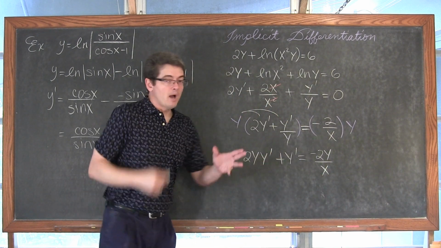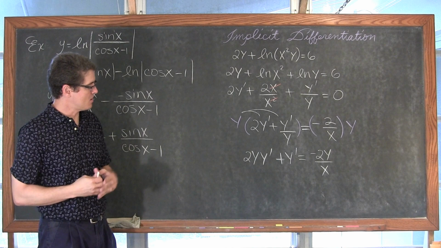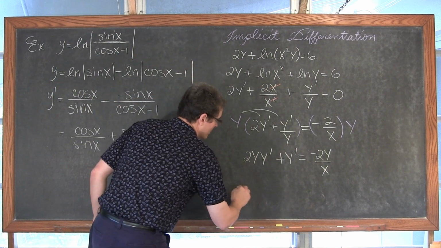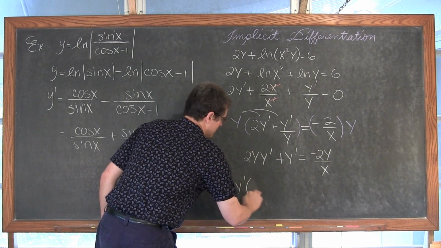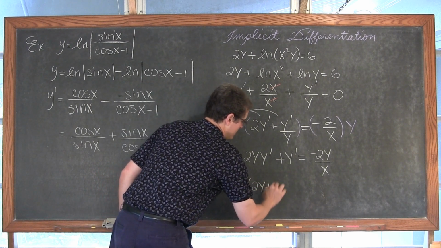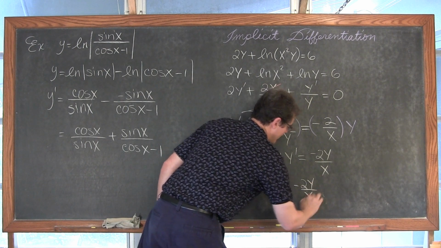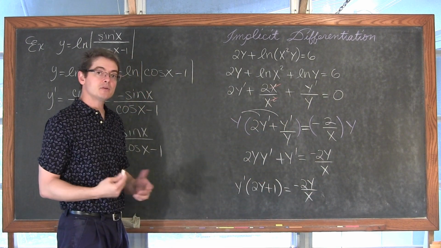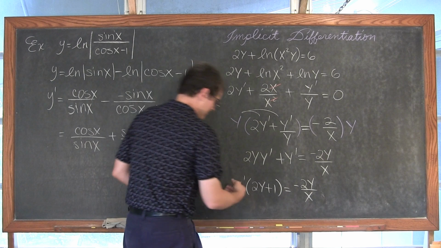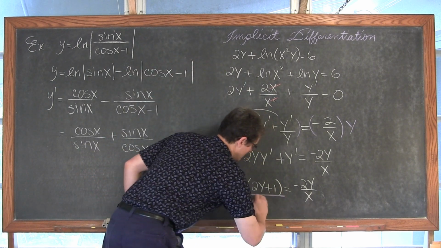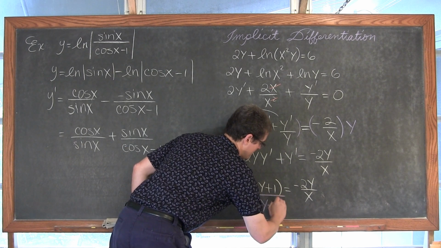Each of these terms has a y prime, and that's what I'm trying to isolate. I'm trying to solve for y prime. So I'm going to factor that out, and we have y prime times 2y plus 1 is equal to negative 2y over x. And our last step is to divide both sides of our equation by 2y plus 1.